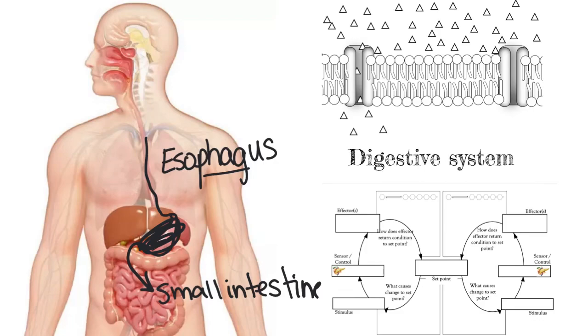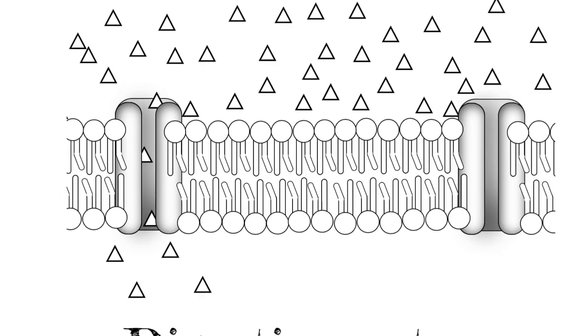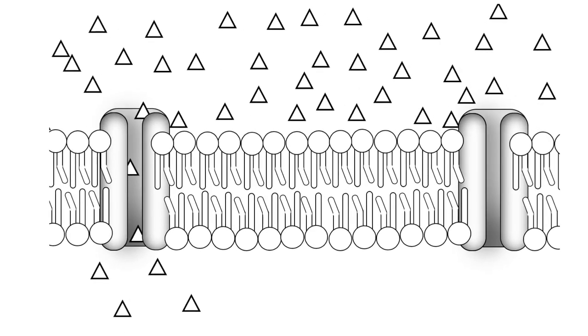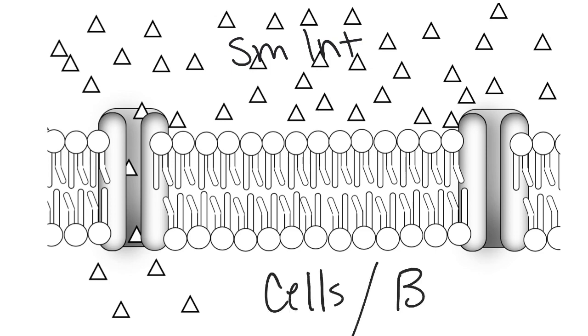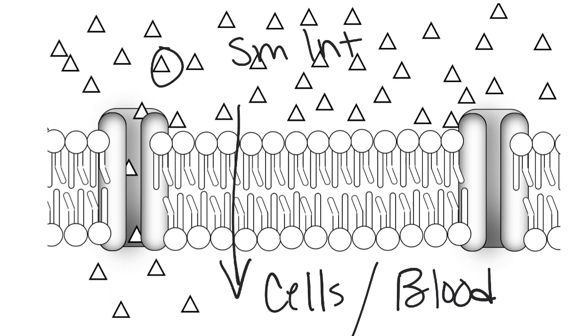Instead, glucose is going to need channels, and that is going to be via facilitated diffusion that we see glucose kind of moving from the inside of the small intestine through a whole bunch of layers of membranes and different cells until finally it gets into the cells and into the blood. That's going to then allow the glucose to be carried. So what is it doing? Well, these glucose molecules, as I said, are too big, they're too polar, and they cannot get directly through the membrane.